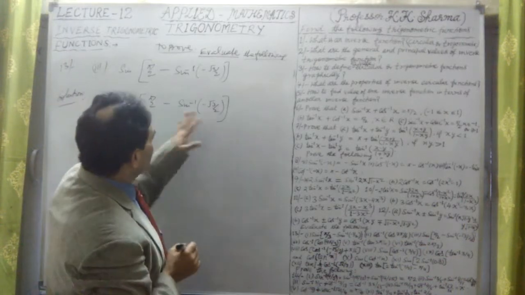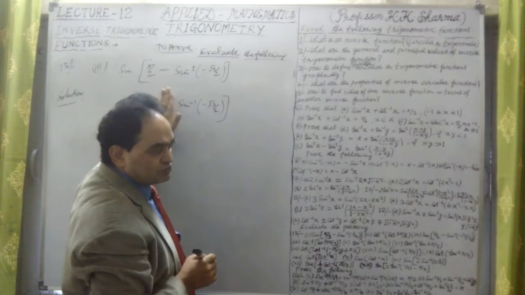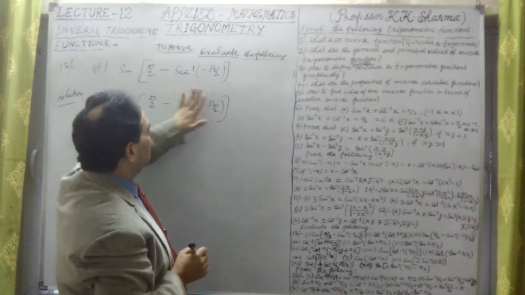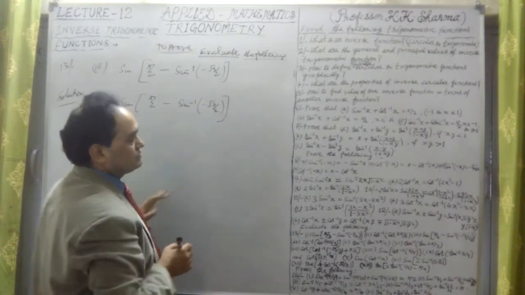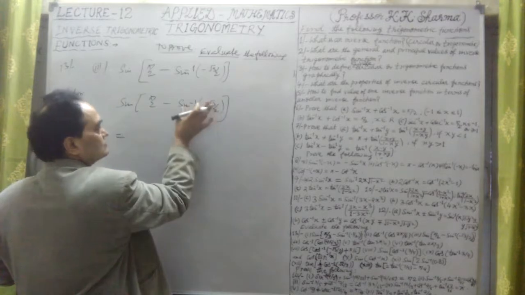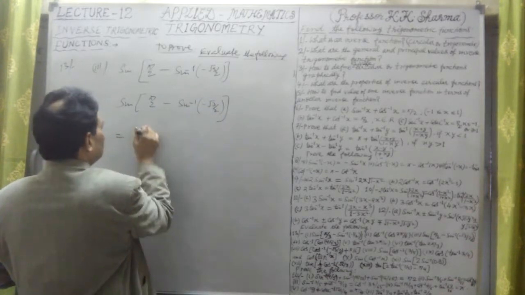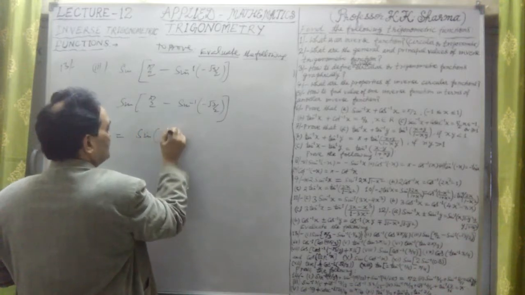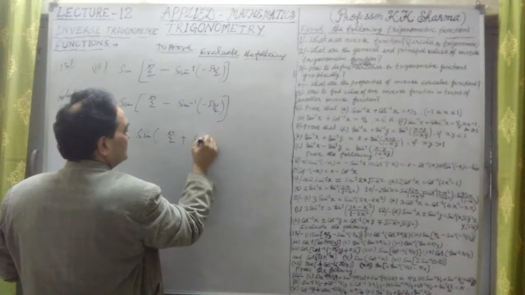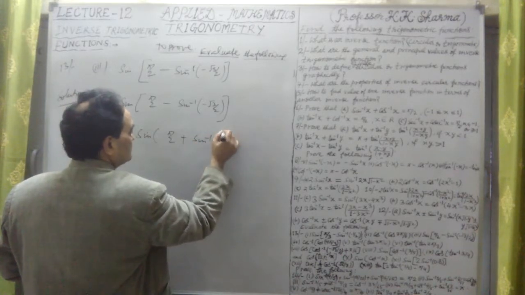We know that sine of pi by 2 minus theta is cos theta, but let me solve the internal value first. First solve the bracket, that's the logic. This is sine of pi by 2 as it is. Minus minus is plus. It will give us sine inverse of root 3 by 2.